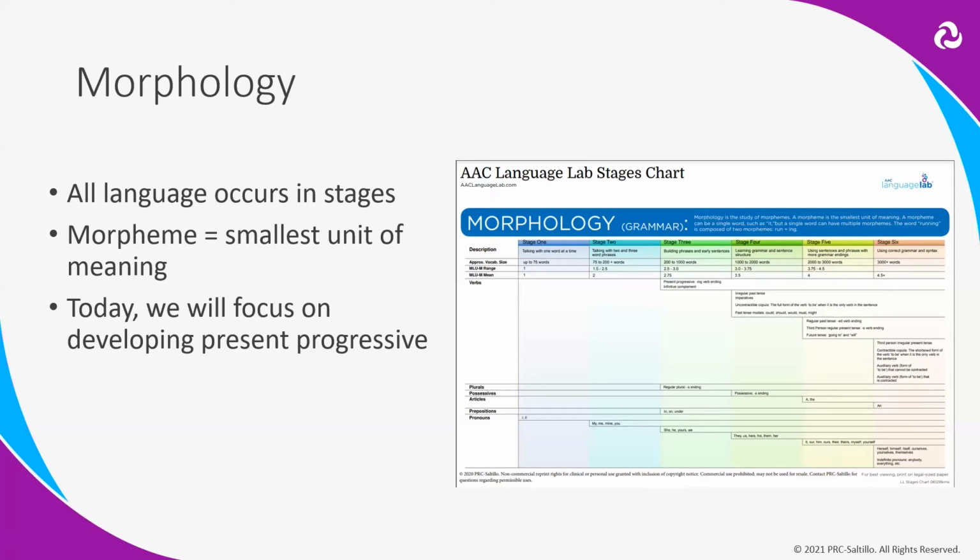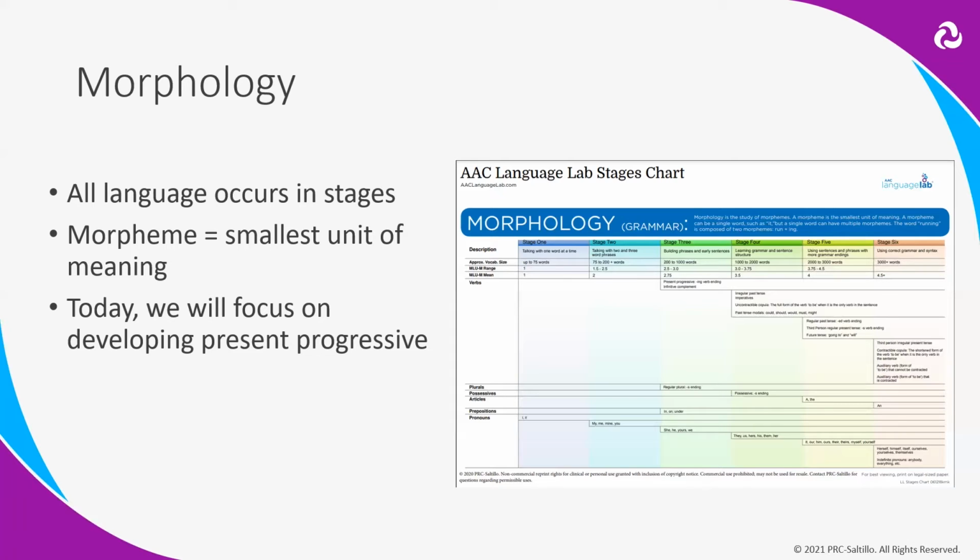There is a great course on morphemes that we have on the PRC site. Not quite sure if it's on the learning journey yet, but it's called Magical Morphemes. I think there's maybe another word in there, but all I know is my son's in that video, and a colleague created it. It's really great for talking about how we can add morphemes.